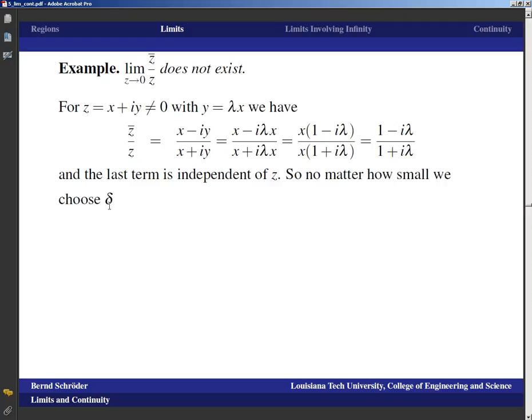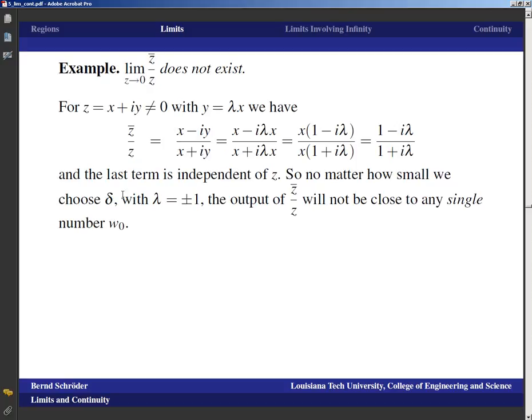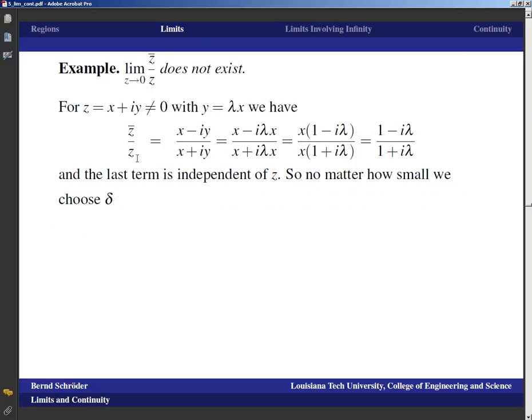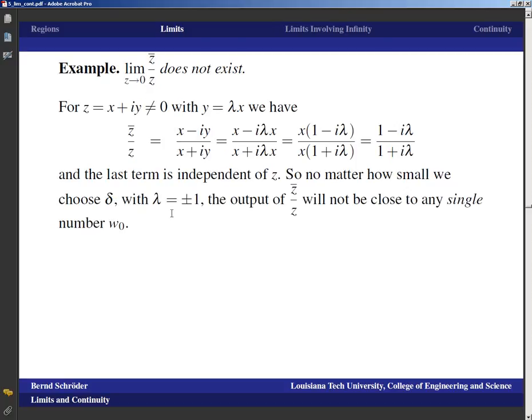And so no matter how small I chose my delta, so that the absolute value of z is smaller than delta, with lambda equals plus or minus 1, the output will be (1 minus i) over (1 plus i) for lambda equals 1, and (1 plus i) over (1 minus i) for lambda equals minus 1. And these two numbers will not be close to any single number w0 because these two numbers are a definite finite distance apart.